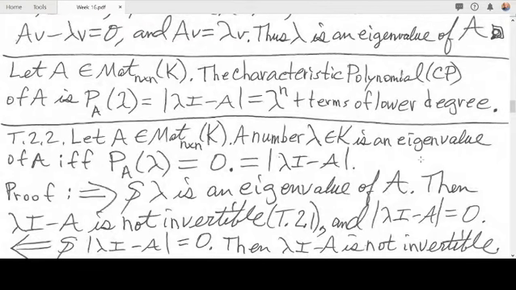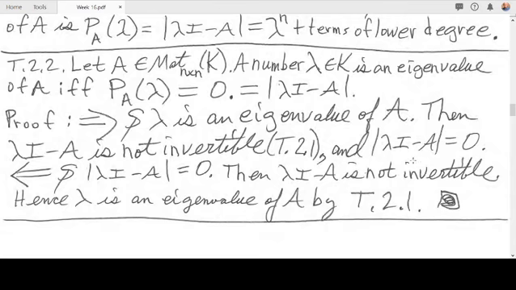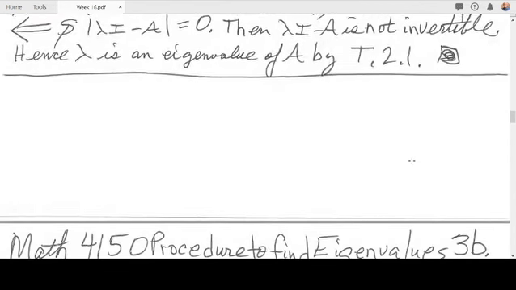Again, if A is a square matrix, a scalar lambda is an eigenvalue of A if and only if it is a root of the characteristic polynomial. That is, P sub A of lambda is equal to 0. And that proof is very straightforward as well. So I will skip over that.